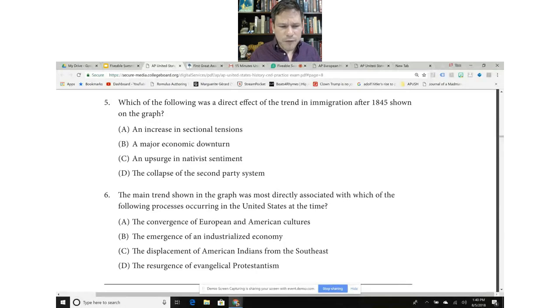Okay, and so as far as that goes, well, there's this convergence of European and American cultures for number 6. Because the thing is, we don't necessarily associate, so this would be the Second Great Awakening on D, and we don't associate Irish immigration with that.